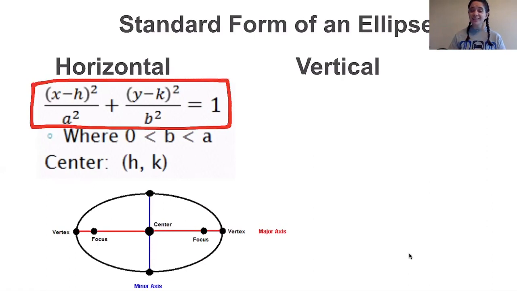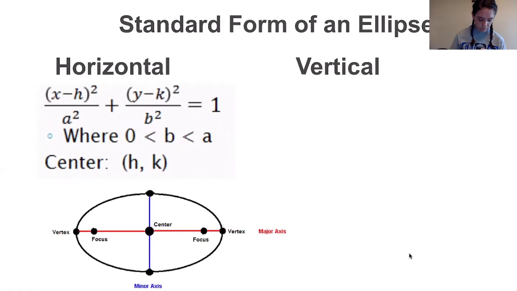Our center is still going to be at (h, k), just like it was with our circle. Okay. Notice how a is larger than b. This will become more important in the next lesson when you know the difference between horizontal and vertical.